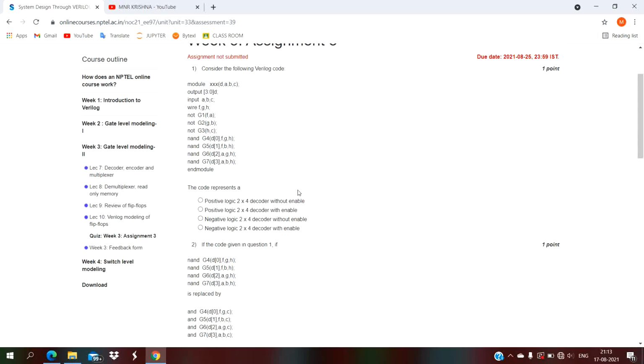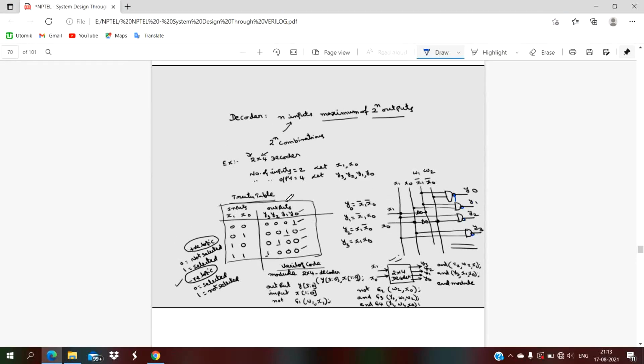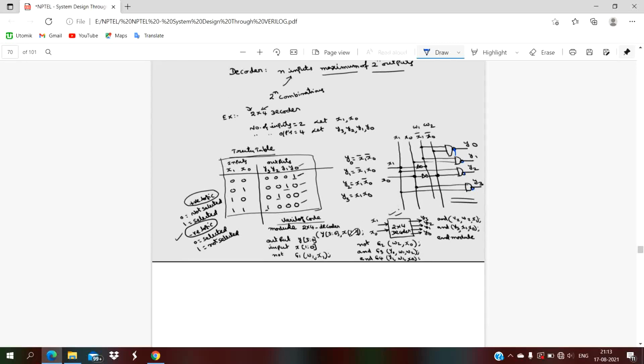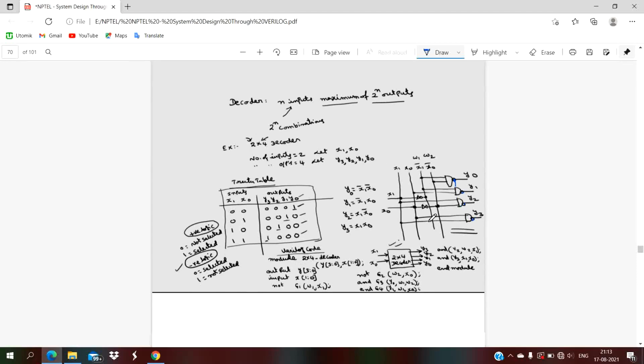It is clear that it is a 2x4 decoder with enable, which may be positive or negative. For a positive logic circuit without enable, we use only 2 NOT gates.